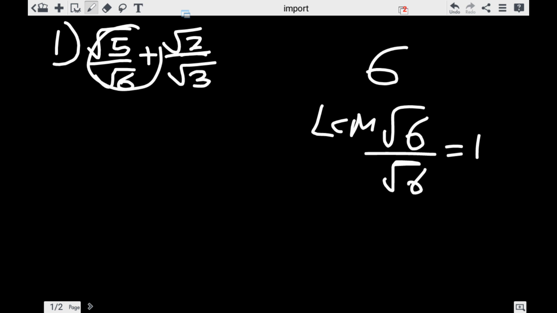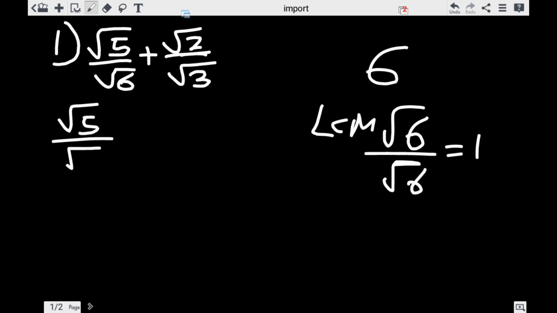So multiply the first fraction by 1. Technically, you don't really need to multiply this fraction by 1, because when you multiply a fraction by 1, it remains as it was. The value of root 5 over root 6 will not change.